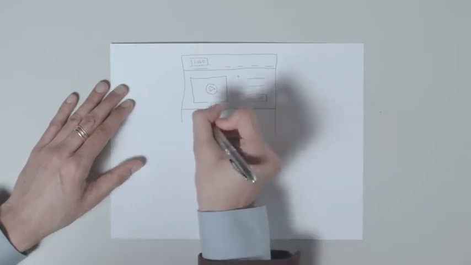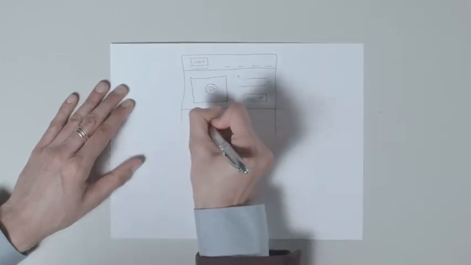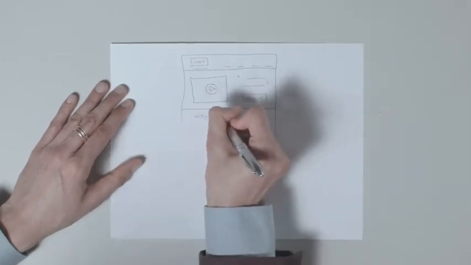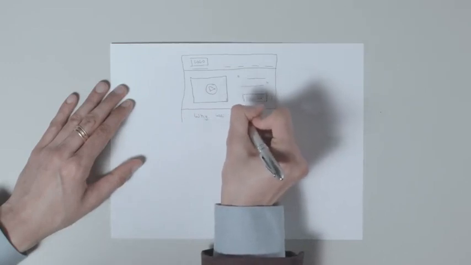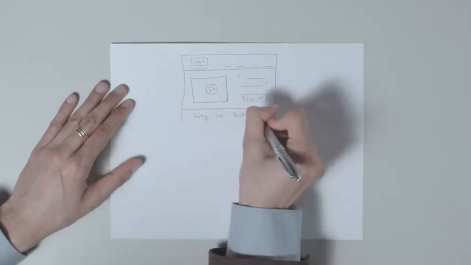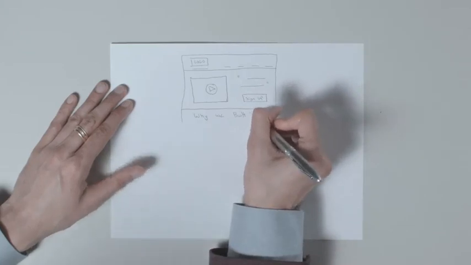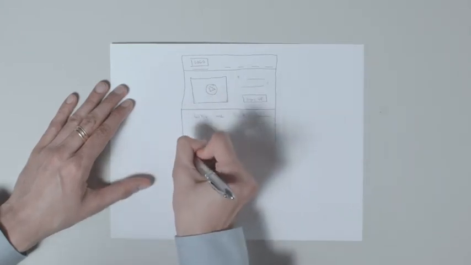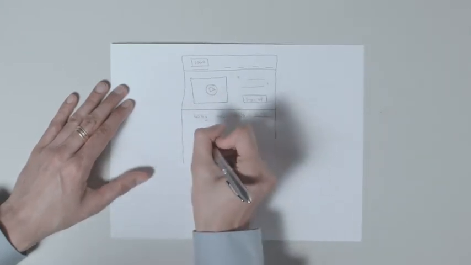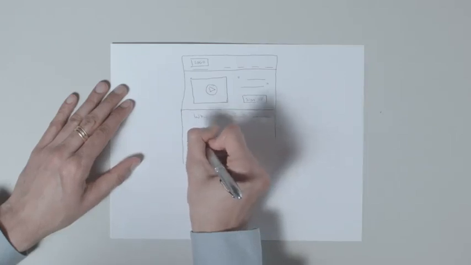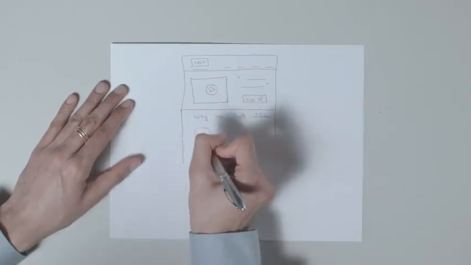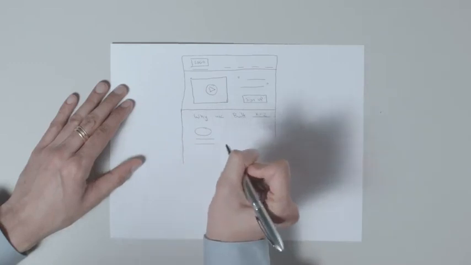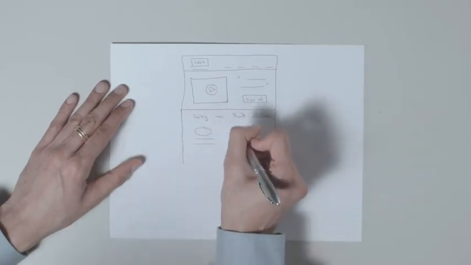All right, below that, maybe I might want to say a little bit about the product. So we might say why we built XYZ, whatever our name is. And here we might want to say a little bit more about our product. So some features about the product, we might say, hey, we had the same problem that you guys had.